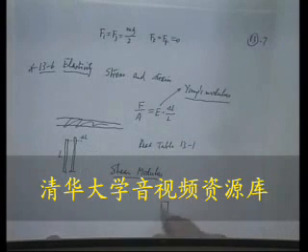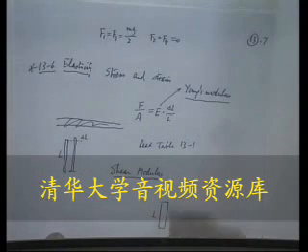If you have a block with a length of air, instead of stretching it or compressing it, you can shear it by making it move this way. You anchor it.